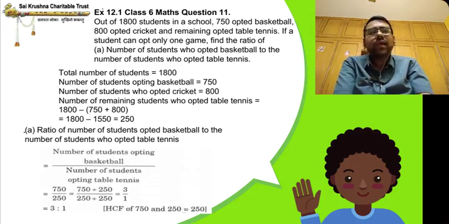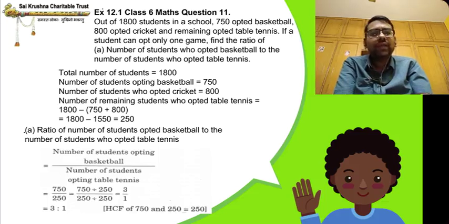Okay. Total number of students is 1,800. Number of students opting basketball is 750. Number of students who opted cricket is 800. Number of remaining students who opted table tennis is 1,800 minus (750 plus 800). Why? Each student opts for only one game, 750 are opting basketball and 800 cricket.